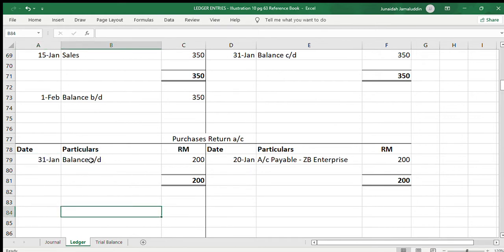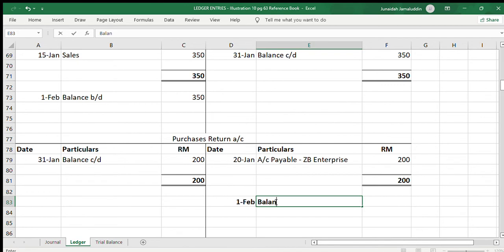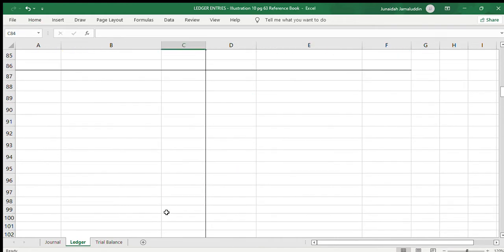So balance CD untuk purchases return ni kita akan carry forward to the following month, that is February. Okay, so kita tulis tarikh dia 1 hari bulan 2. So dia akan jadi balance BD. Alright. The amount is 200. Okay. So let me unbold this one first. Okay, we are done already.